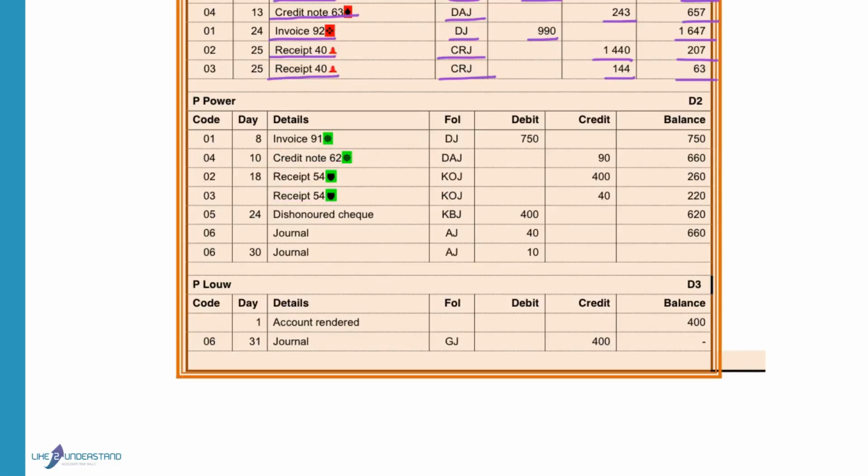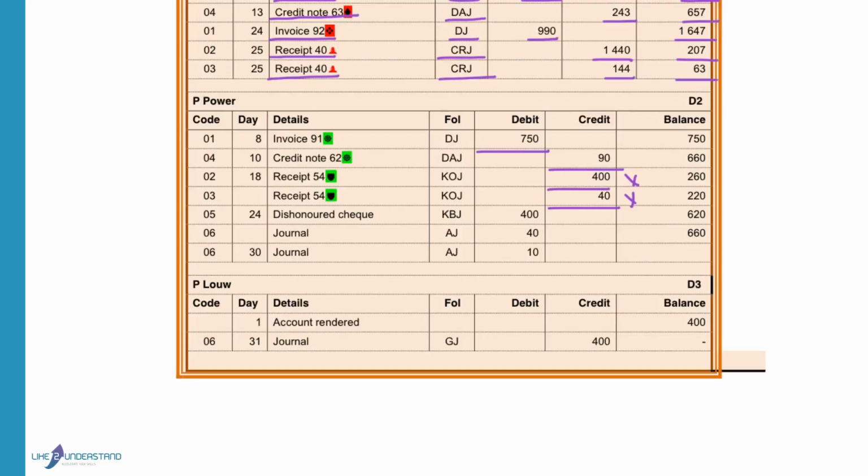In the account of Power, we will also indicate that his account increased with the sales, decreased with the credit note, decreased with the money that he paid and the discount, and then his check was returned by the bank due to insufficient funds. So we have to cancel these two entries when we received money from him and allowed discount.